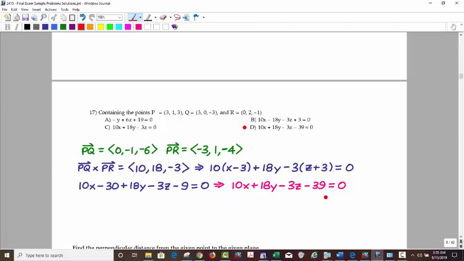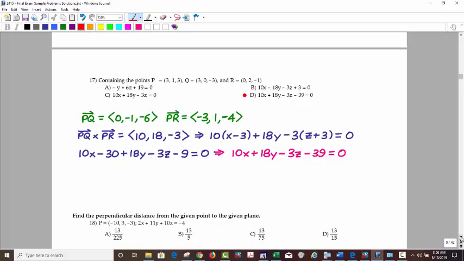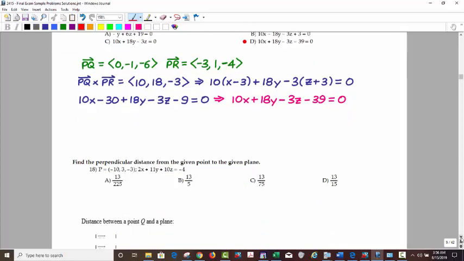You'd have been looking at these answers going, I don't have any of that. Well, let's assume maybe there was another answer choice that had 39 in there. Probably gives it away that this is the only 39. But you would just multiply everything by -1, and it reverses all the signs, and then gives you the answer listed here for D. There we have it.